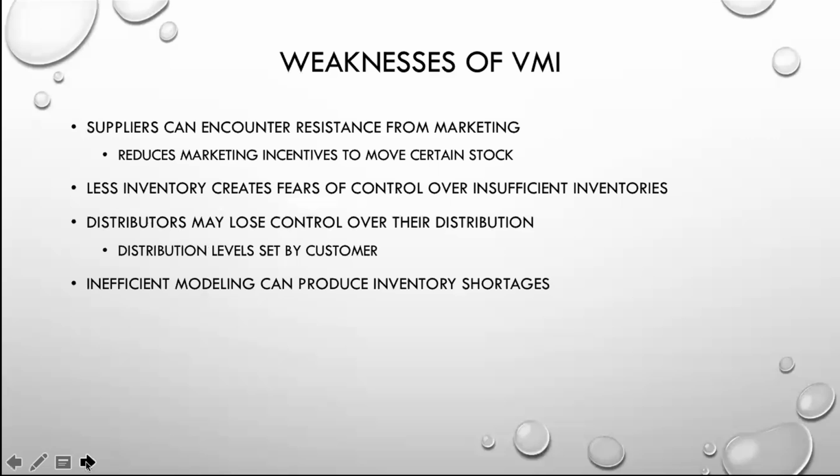So in the case of Walmart, distributors suddenly lose control over their distribution. In some cases, people may feel that distributors are useless. I've seen in some arguments, some students say, well, why have a distributor? A distributor's role is lessened in a VMI.